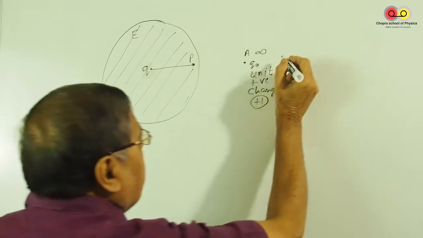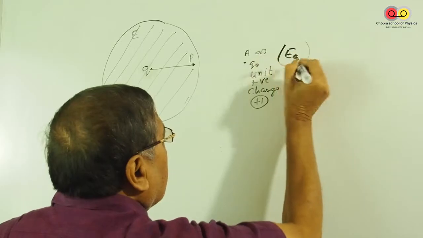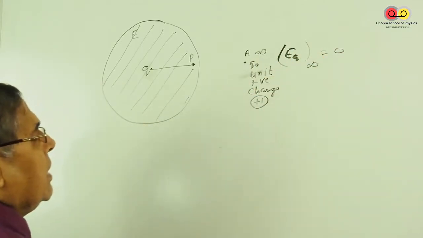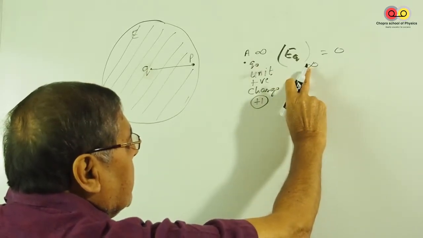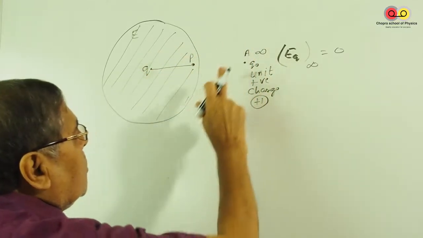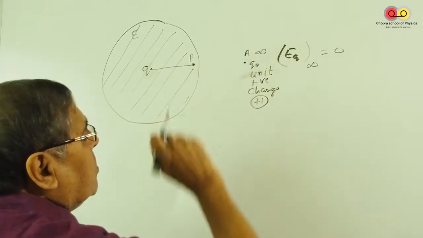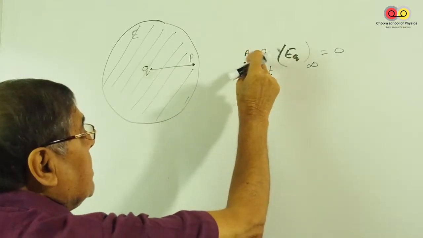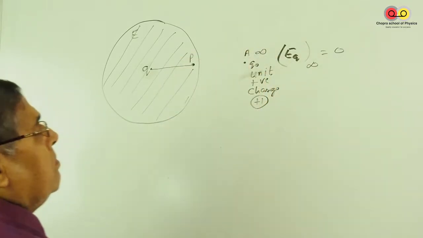So I will mention here: the energy of a charge at infinity is always zero. Infinity is not subject to a number; it is that particular point which is outside the field. To carry this charge from A to P, some work will be done on the charge. Charge has some mass; we can't expect that a charge has no mass. Every charge has some mass.